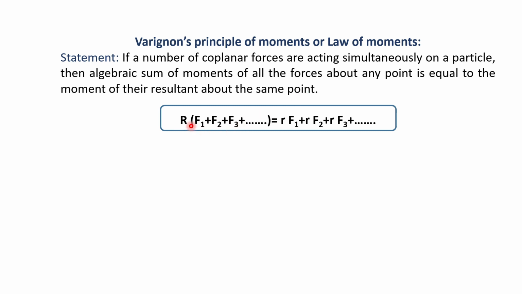Mathematically, it can be written like this: capital R into (F1 + F2 + F3), that is the summation of all the forces, is equal to small r into F1 plus small r into F2 plus small r into F3. In fact, it should be small r1, r2, r3, because the perpendicular distance from each force is varying, and it is the perpendicular distance about the particular point where we are taking the moment.